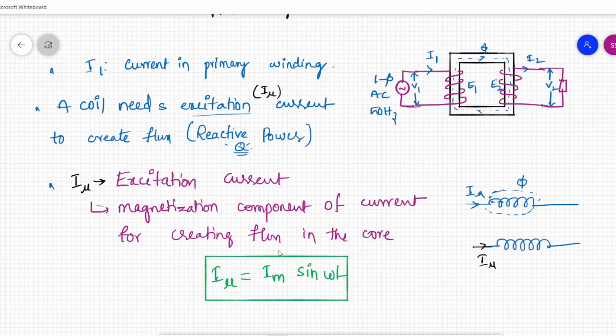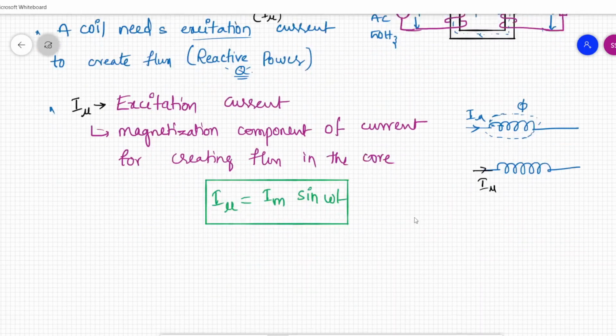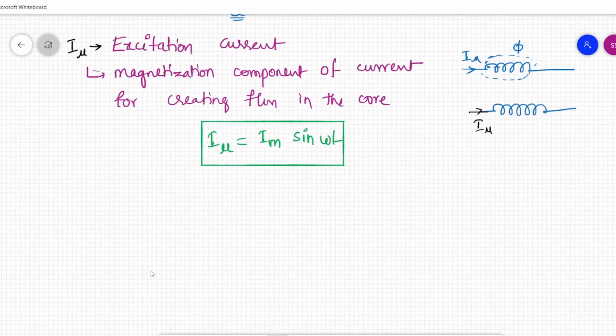Now there is a primary MMF produced in the primary winding due to this magnetizing component of current. Now there is a flux production due to this magnetizing current. So here comes the flux phi.